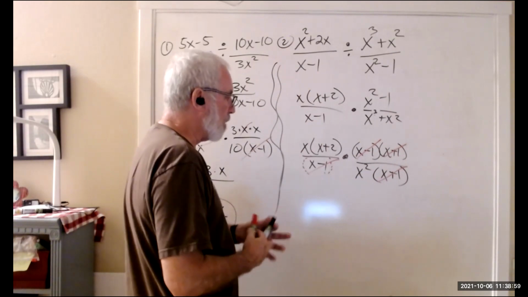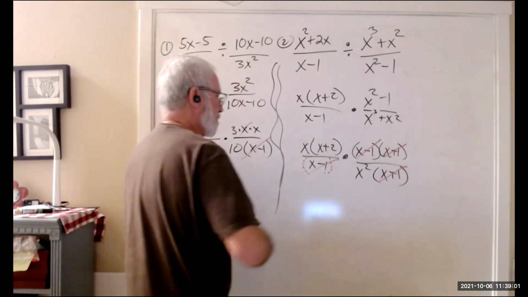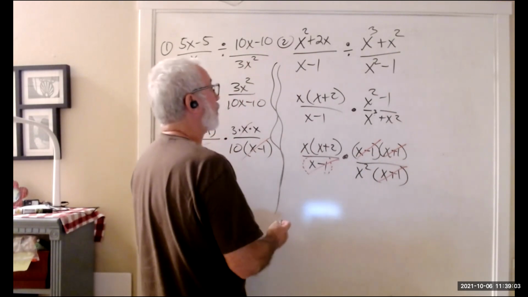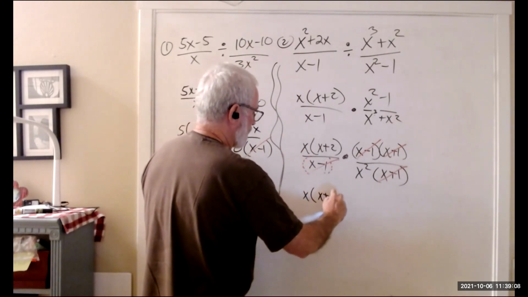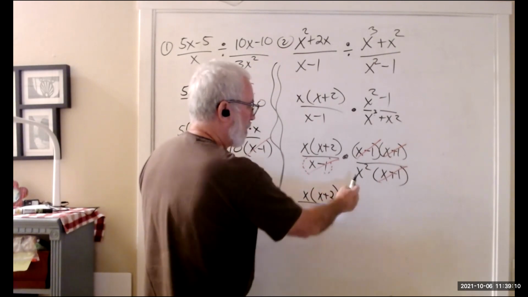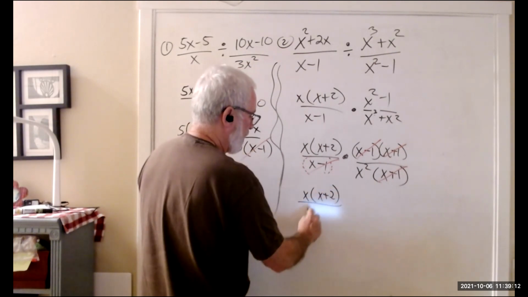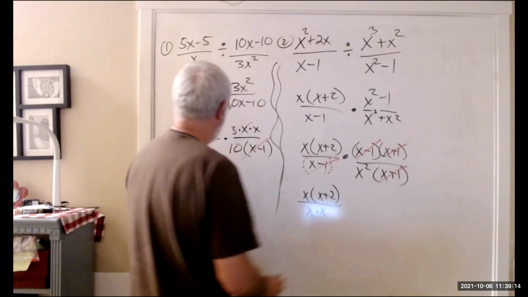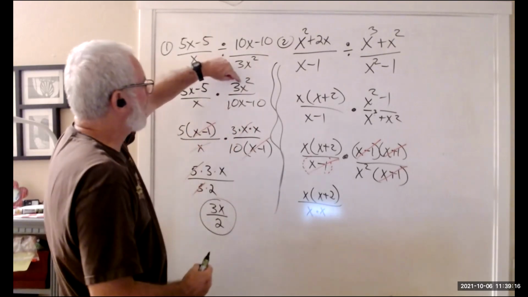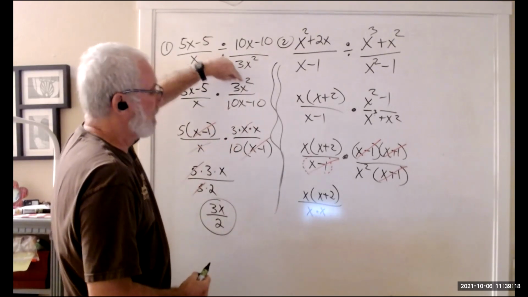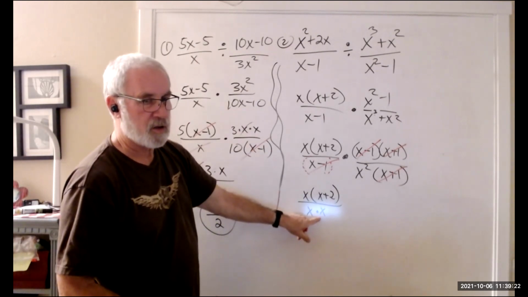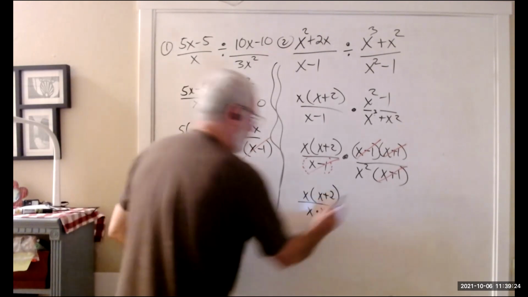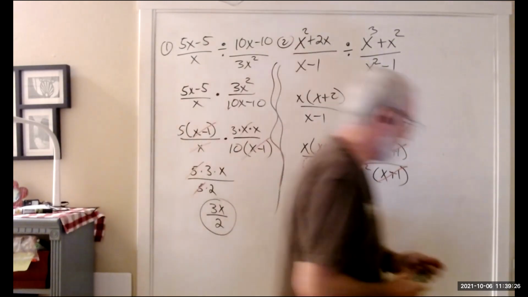Now, the comment was, I'm going to rewrite this as an extra step. On top, I have x times x plus 2. On bottom, I have x squared, but just as I did over here, I could take the x squared and break it up into x times x. Oops, and I'm right in the middle of the glare. Good job. Sorry.